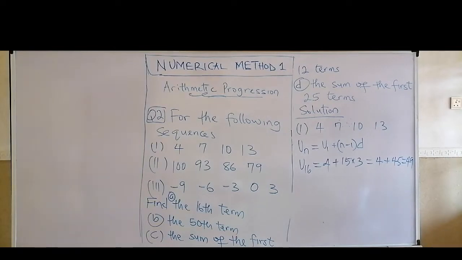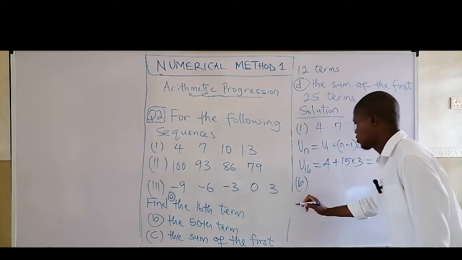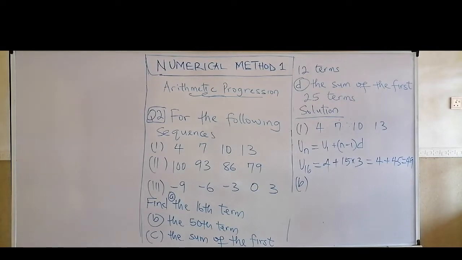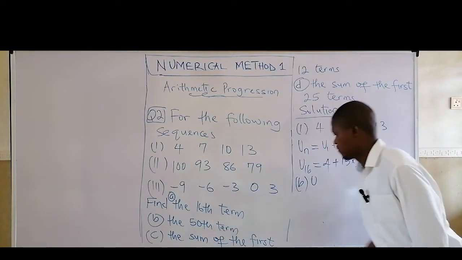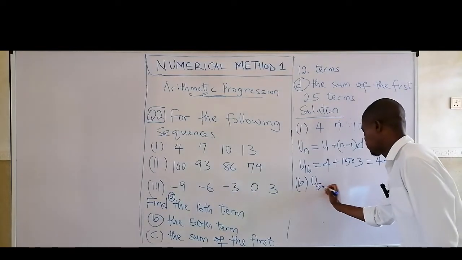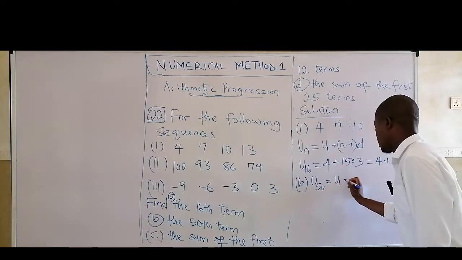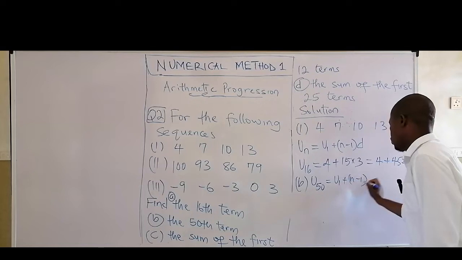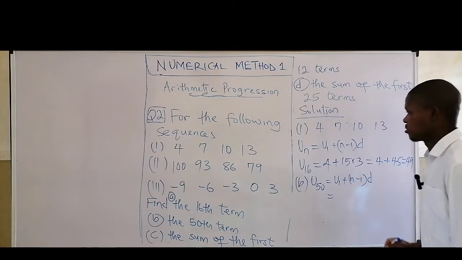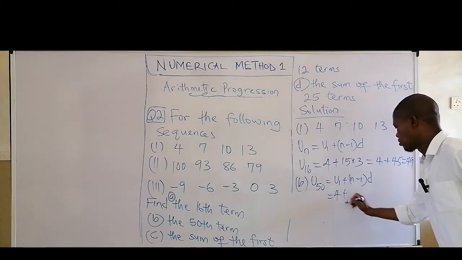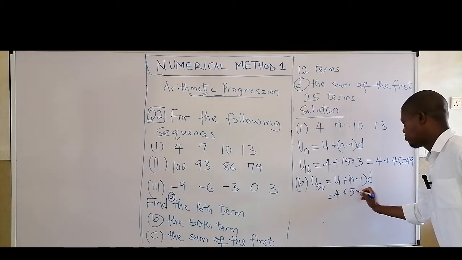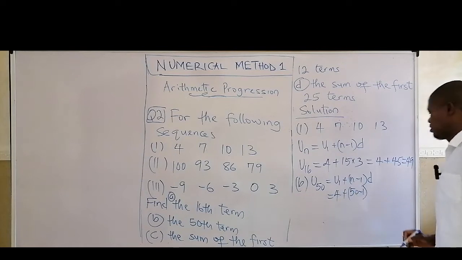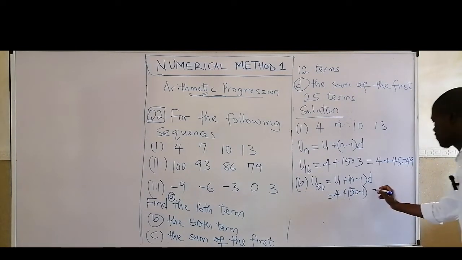That one is done. Part B, still on the same question: find the 50th term. u subscript 50 will be equal to the first term plus n minus 1 in brackets d. The first term is 4 plus n is 50 minus 1 times d, and my d is 3.